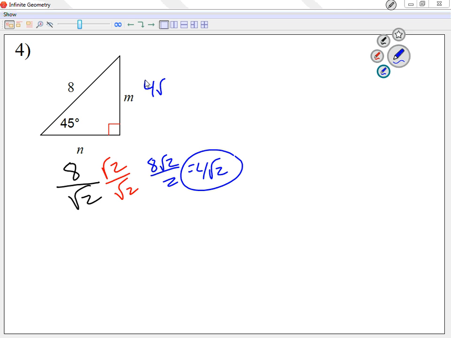And for m, I get 4 radical 2. Lacey, you're good? Okay. This one we divide by radical 2 because it's a 45, 45, 90. Okay. Yes. 5.